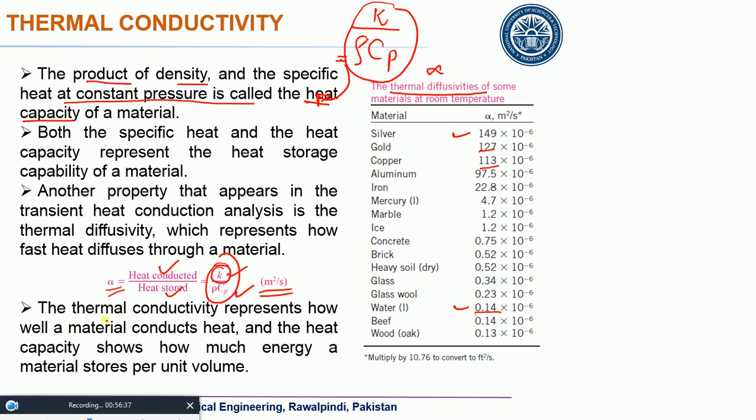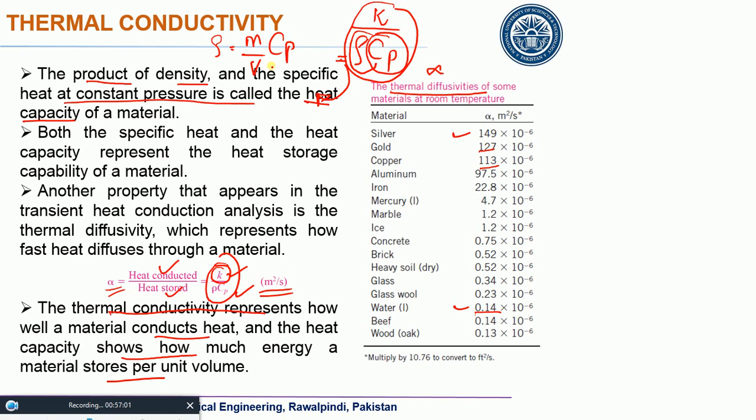The thermal conductivity represents how well a material conducts heat, and the heat capacity shows how much energy a material stores per unit volume. Cp is being multiplied by rho. Rho is what? Mass per unit volume.